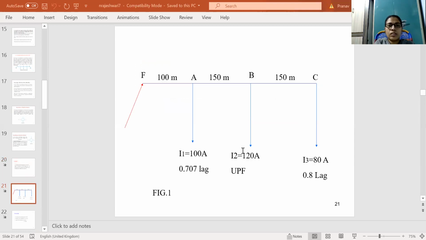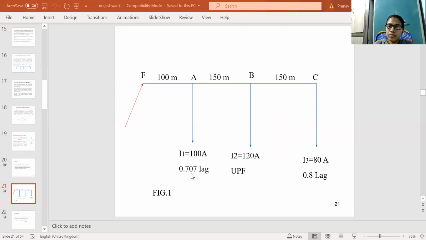This is the figure for the above problem. It is fed at F, and A, B, C are the load points. I1, I2, I3 are the load currents: I1 is 100 amperes, I2 is 120 amperes, and I3 is 80 amperes.